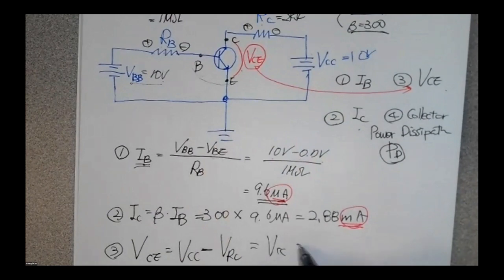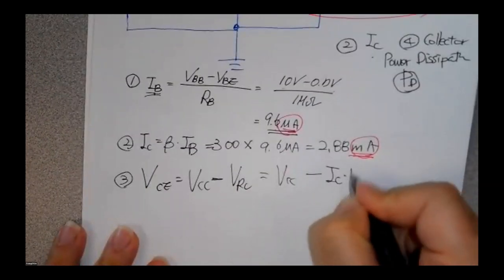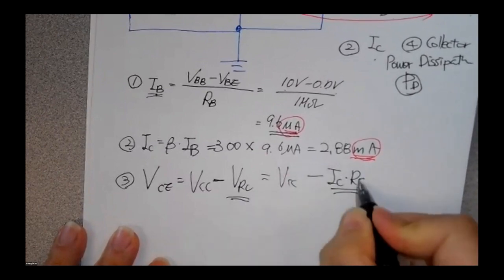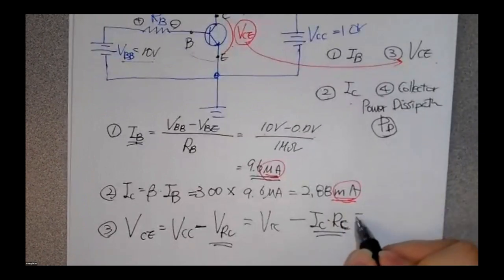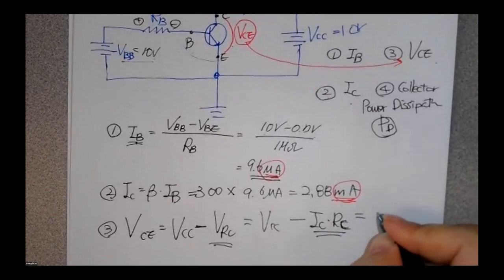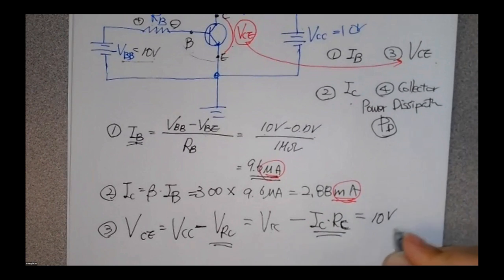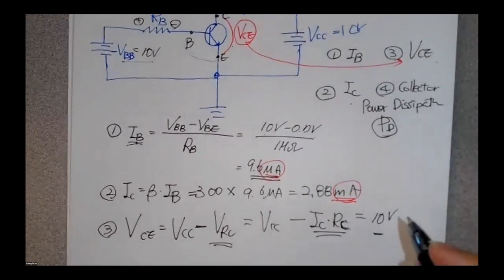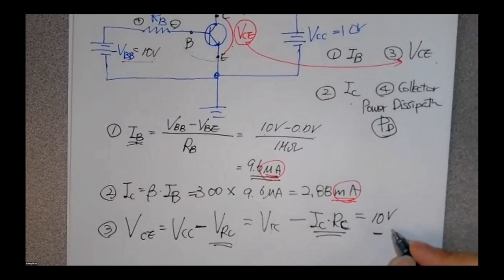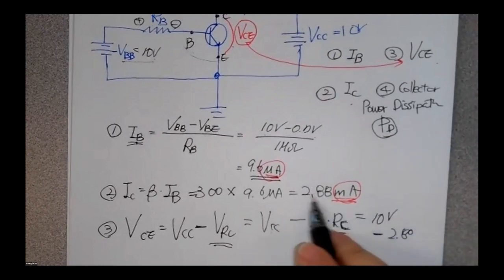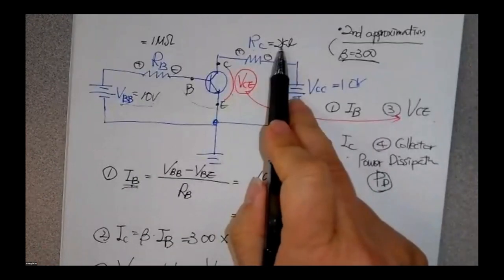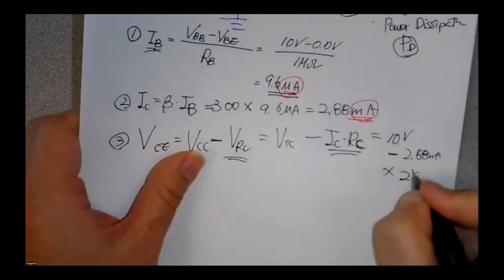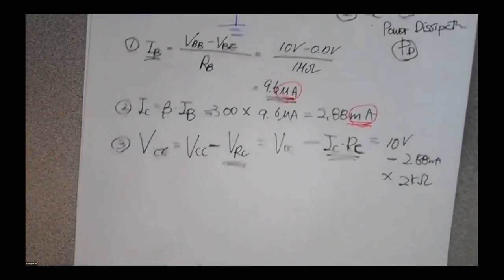V sub CC minus I sub C R sub C. So V sub CC is what? The 10, right? And minus I sub C R sub C, 2.88 milliamp, multiply the R sub C, the 2 kiloohm here.